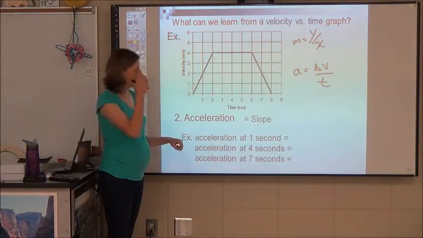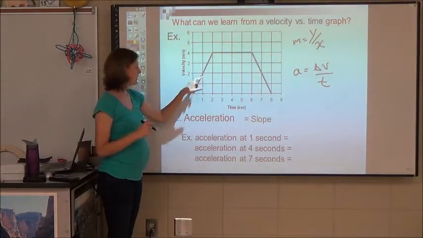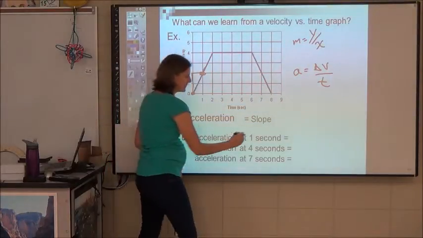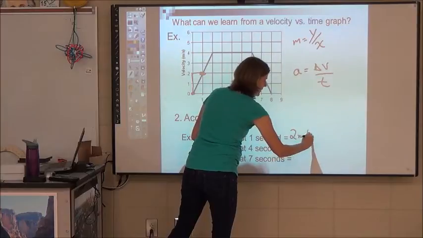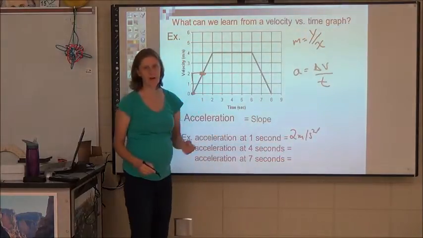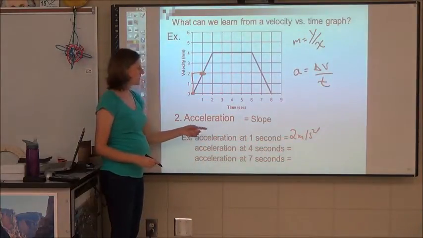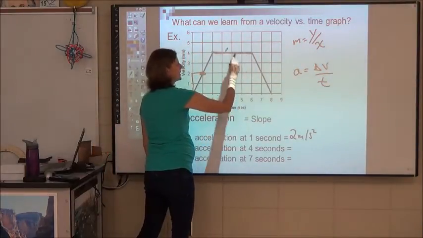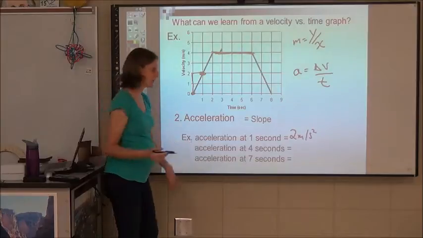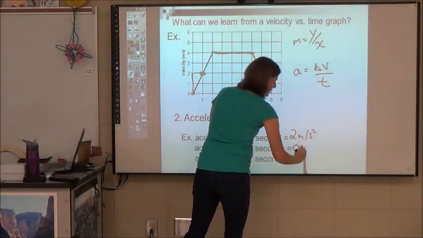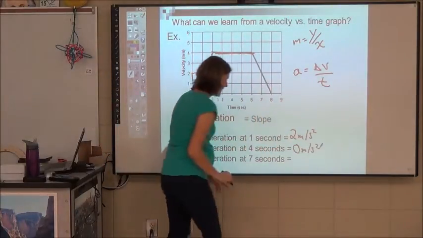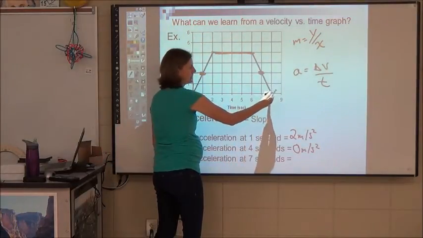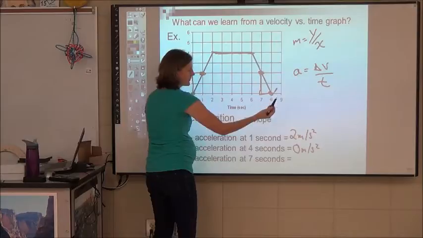So slope at 1 second, pick 2 points, I go up 2 over 1. Don't forget your little squared for acceleration. 4 seconds, that's a totally different line segment, that's right here. Flat line, 0 slope. And 7 seconds. I can pick my end point, down 2 over 1, negative 2.